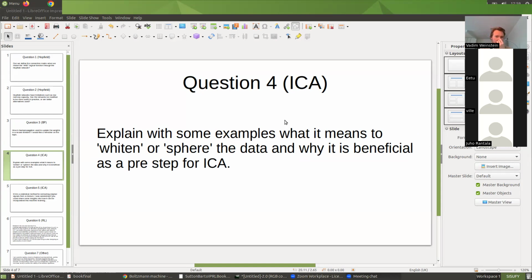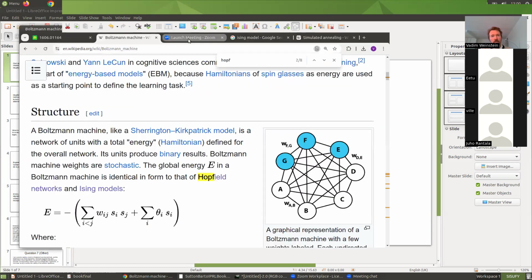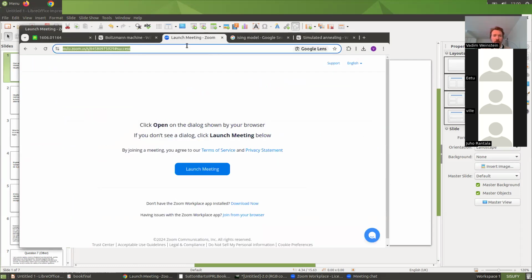Somebody is asking me, is something the same as the third question? That was about the Hopfield network. What? I was referring to the first question, actually. Oh, the very first one. Okay. Yeah. I didn't realize there was an exercise like that. Let's see. How do I find the exercise?